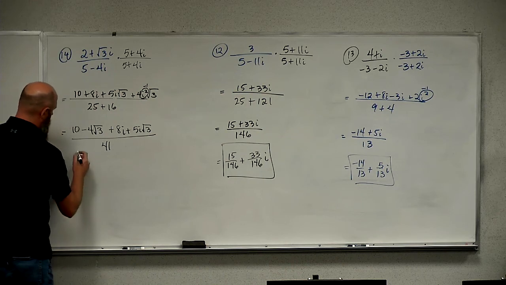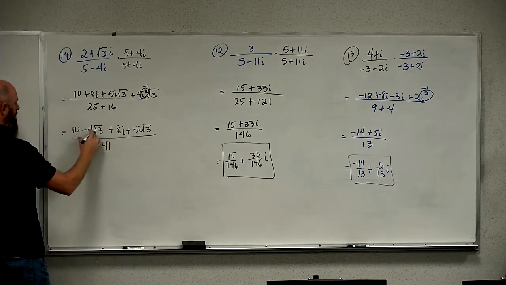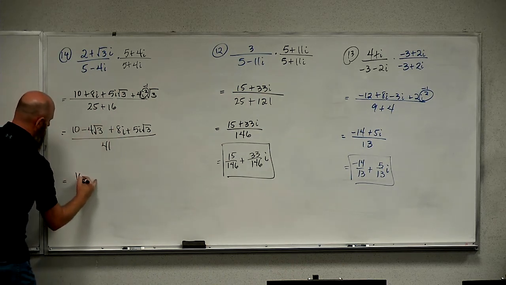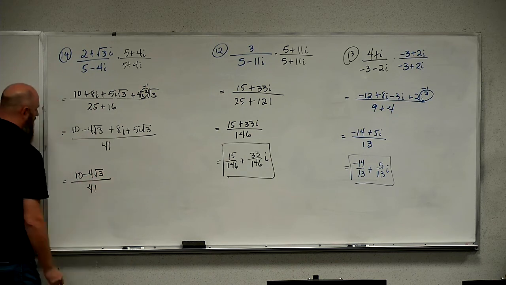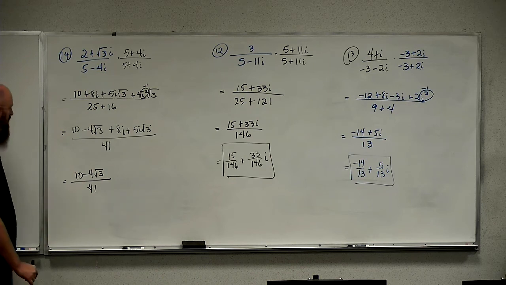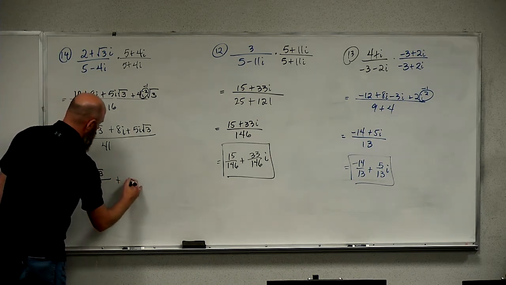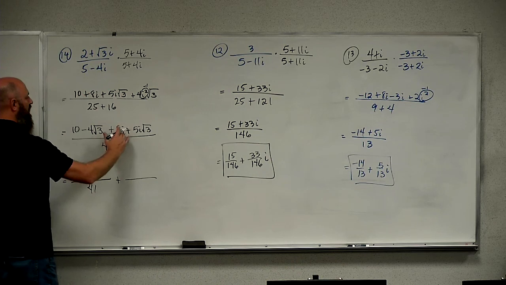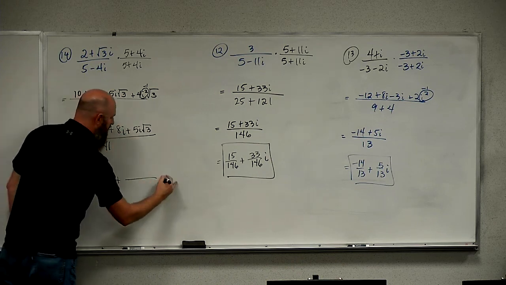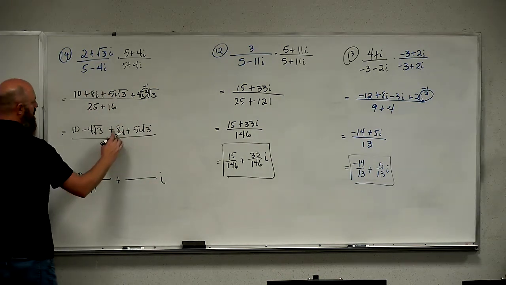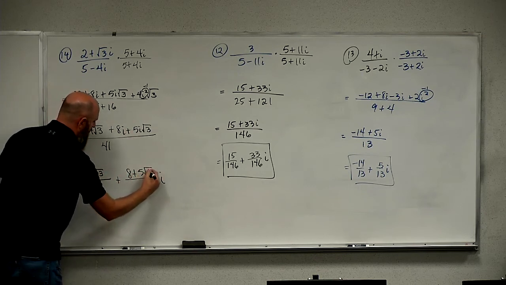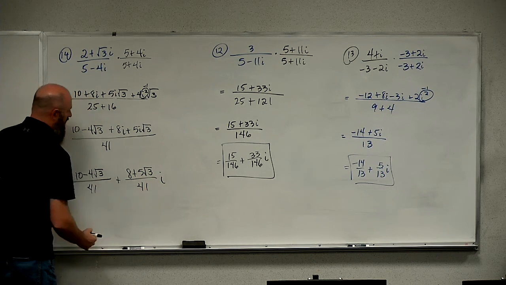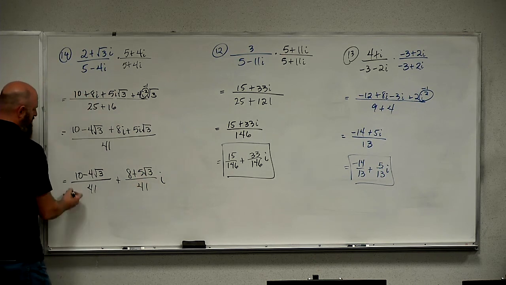All right. Now the stuff without an i, we put on the first fraction. So 10 minus 4 square root of 3 over 41. Plus. Now over here, we are going to write this other stuff, but remember, we like to put that i afterwards. So we're going to take the i's off and we're going to put 8 plus 5 square root of 3 over 41, and then the i afterwards.